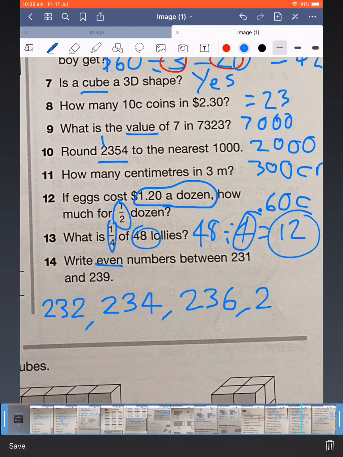There you go. Very good. So we've got that one, that one, that one, and that one. And there's also, which this number isn't between 231 and 239, but whenever a number ends with 2, 4, 6, 8, or 0, that will mean that it is an even number.